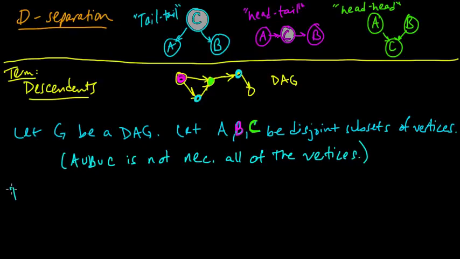Okay, and now we have a definition which will be essential to D-separation. A path. So what is a path? I haven't really said what a path is.